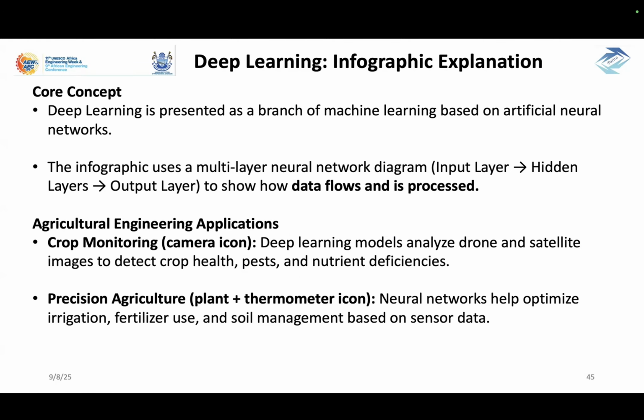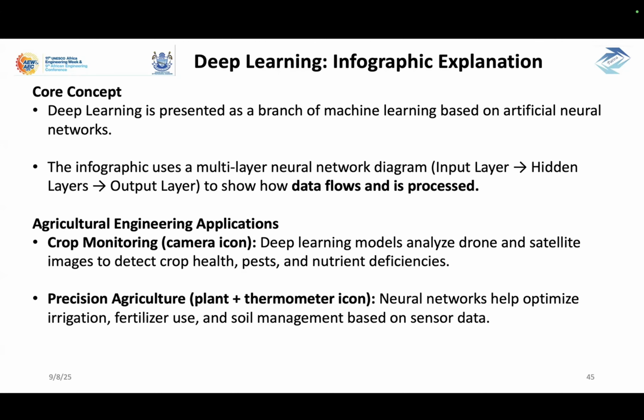Deep learning models analyze drone and satellite images to detect crop health, pests, and nutrient deficiencies. These days, drone and satellite imagery has become one of the most used data sets. I'll show you, I think on Wednesday, some data sets from drones and also some data from satellites, and how we can use them. So we're now using that to detect crop health, pests, and nutrient deficiencies, okay?